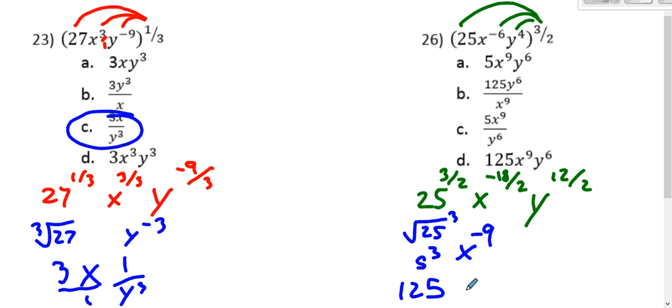The -9 turns into 1 over x to the 9th. And then 12 divided by 2 is 6, so you get y to the 6th. So you have 125 and y to the 6th over x to the 9th.